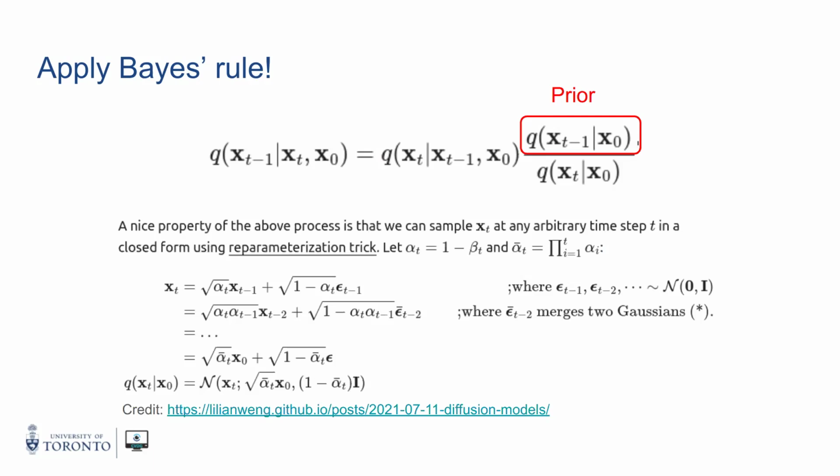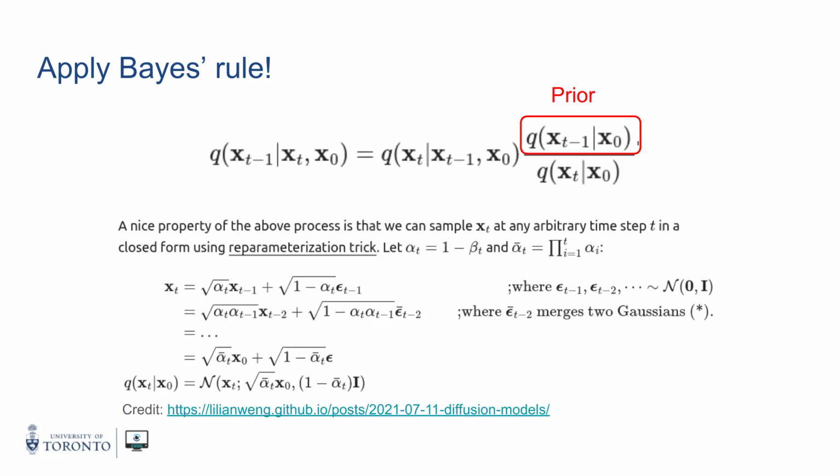Well, the way we can do it is just write x is equal to mu plus epsilon times sigma. It's the same as sampling x from this normal distribution here.